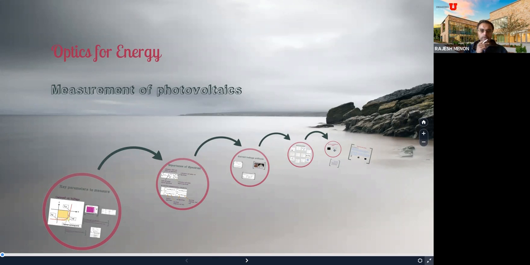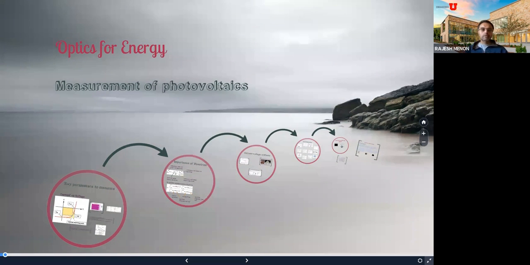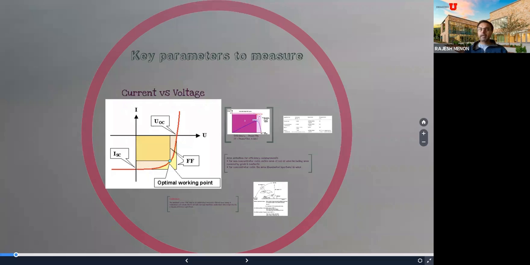Now, of course, solar cells are not the only topic for this class, but they are a very important area for us. So it's important to understand how we characterize them, and how we characterize them is important in the industry. Now, first of all, theoretically, what are the key parameters to measure in a solar cell? We have current and voltage, right? It's an electrical device.